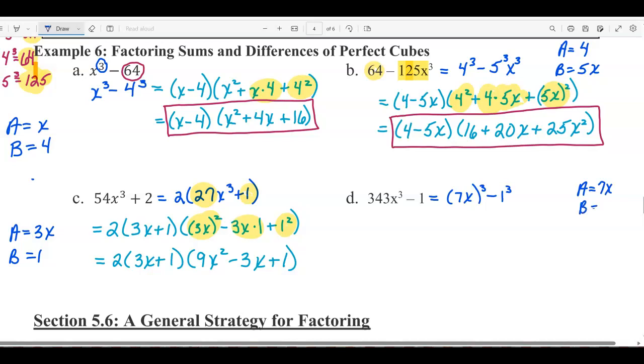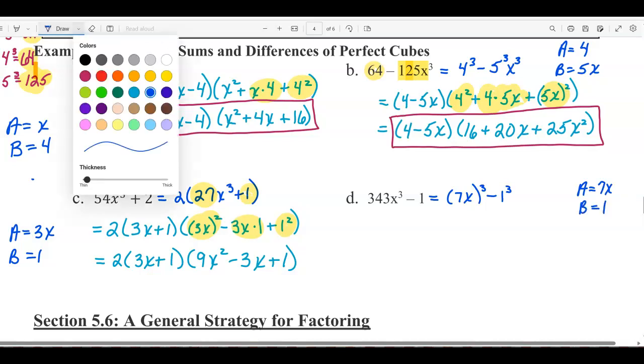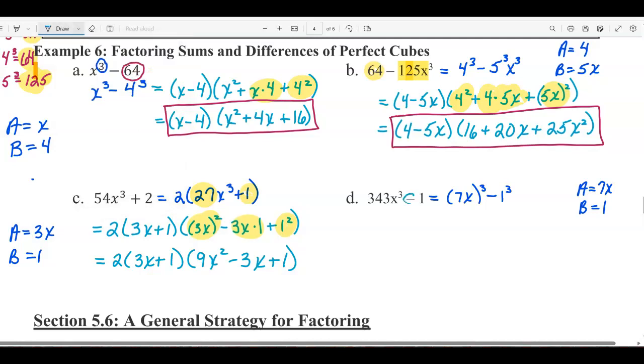Our b is 1. I'm now going to use the formula above that has a negative, and I'm going to substitute into a minus b. So a is 7x, b is 1. A squared is 7x squared, plus 7x times 1, plus 1 squared.